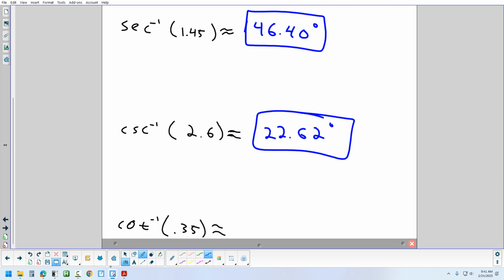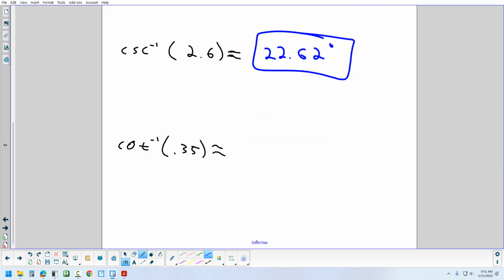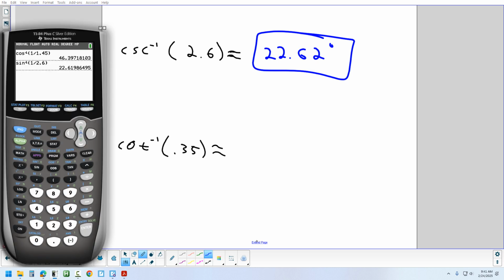And last one, inverse cotangent. Do we have a button for inverse cotangent? No. So what trig function is inverse cotangent connected with? Inverse tangent. So we're going to do inverse tangent. And we're going to take the 0.35 and flip it. So remember what you're doing.